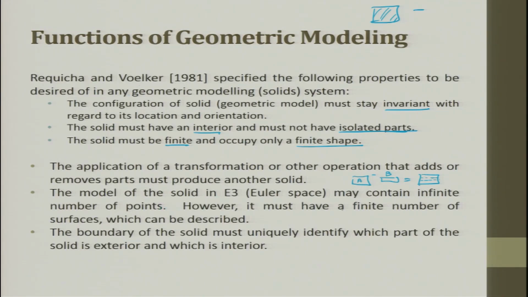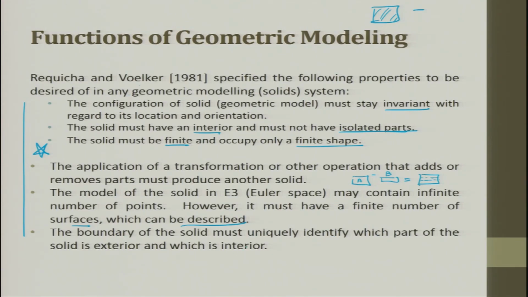However, it must have a finite number of surfaces which can be described. All these points are very important to validate an object as a geometric model. The boundaries of the solid must uniquely identify which part is interior and which part is exterior.